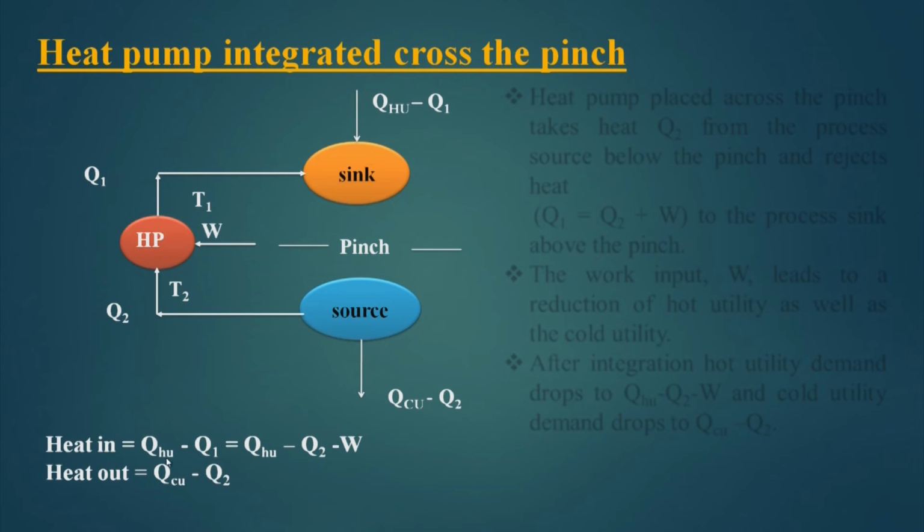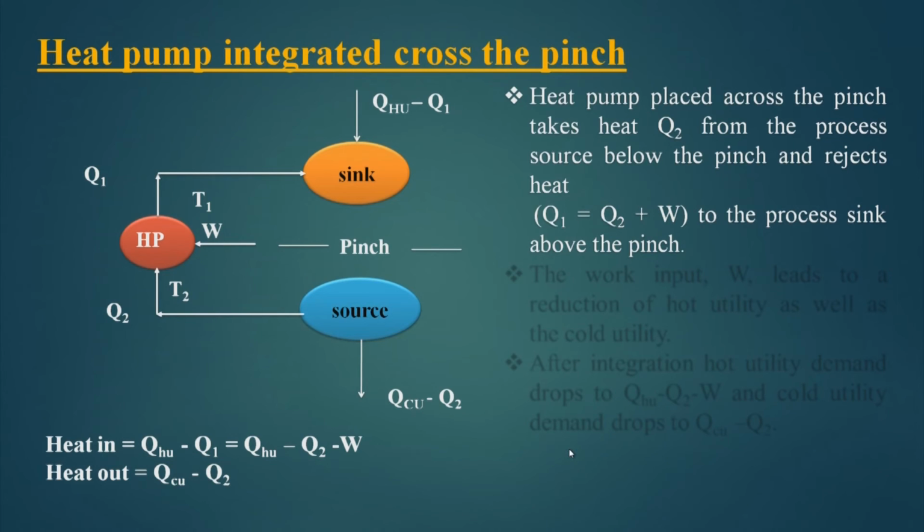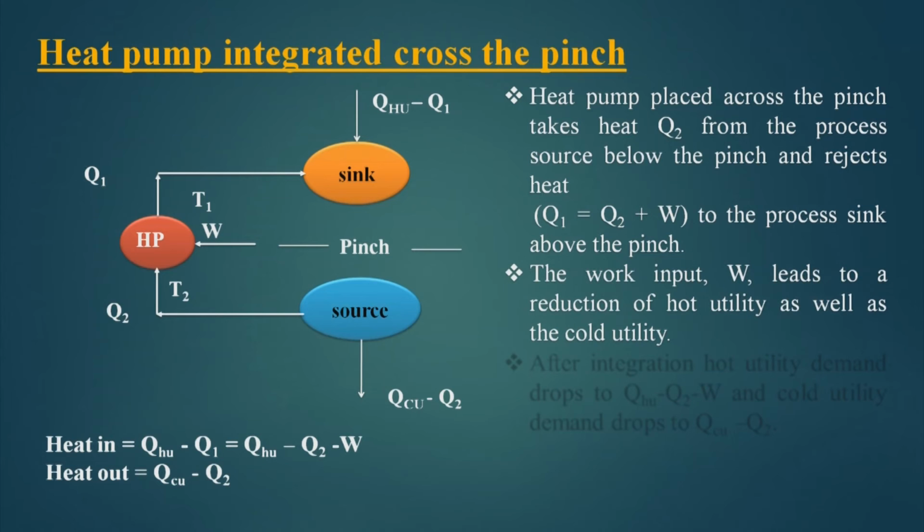So, heat in is QHU minus Q1, which is equal to QHU minus Q2 minus W, and heat out is QCU minus Q2. The heat pump placed across the pinch takes heat Q2 from the process source below the pinch and rejects heat Q1 to the process above the pinch. The work input W leads to a reduction of hot utility as well as the cold utility.